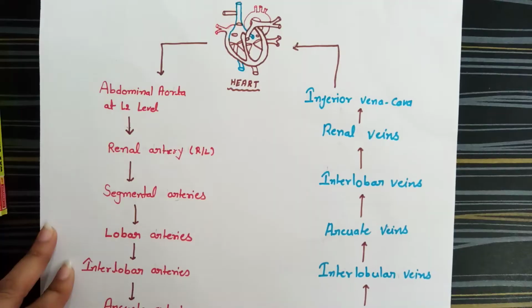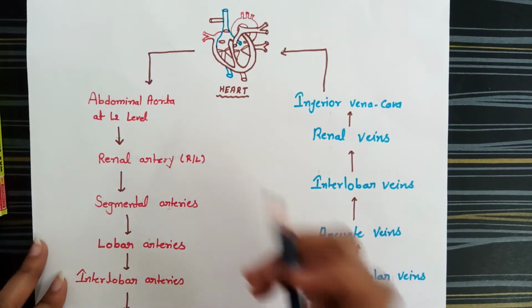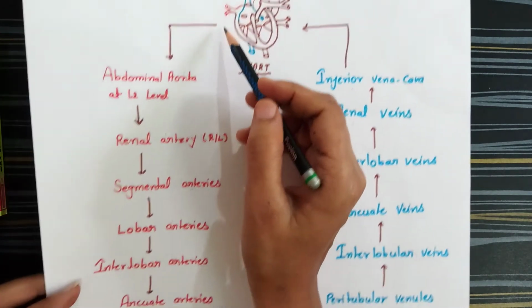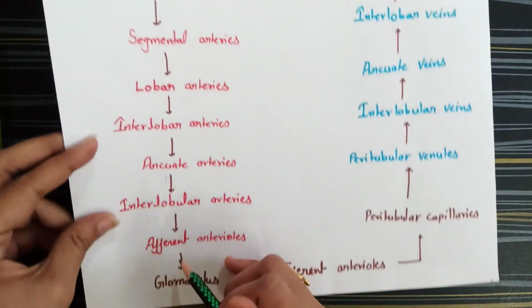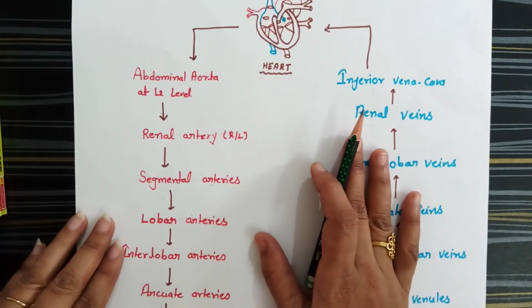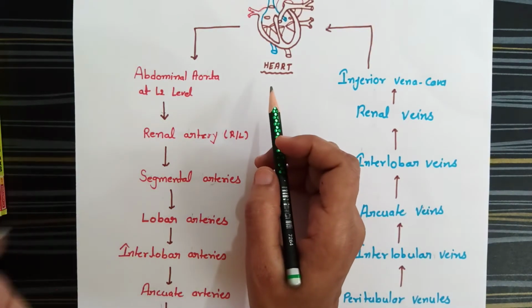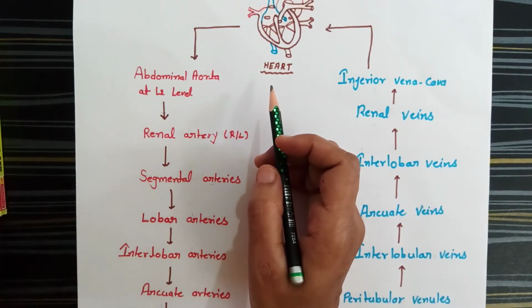So I just drew a structure. This is the heart, and this is all about the blood circulation to the kidney. About 25% of blood passes through the kidney each minute.